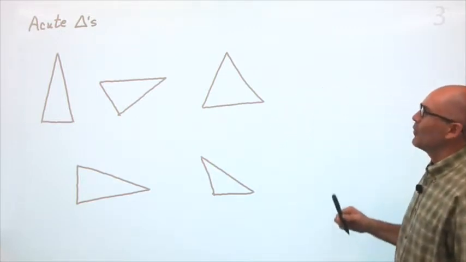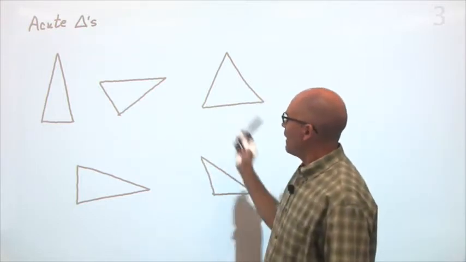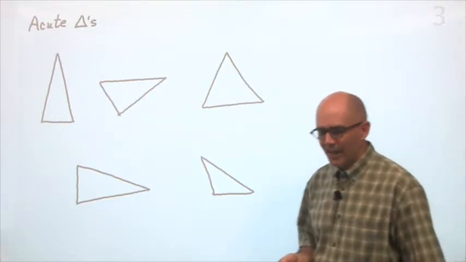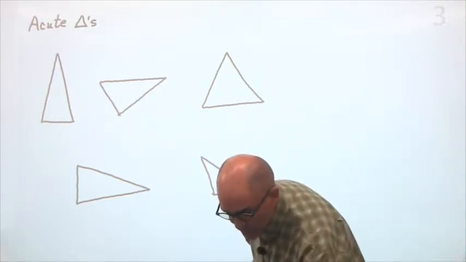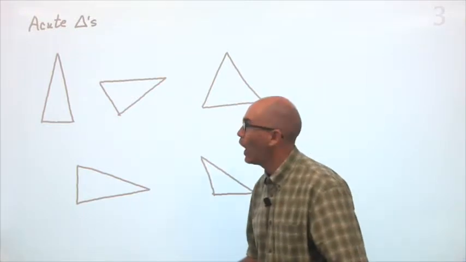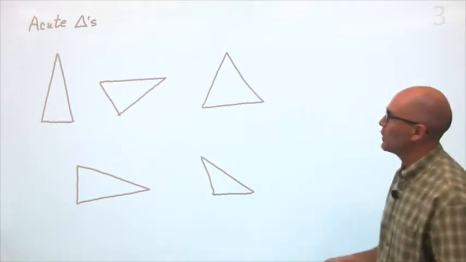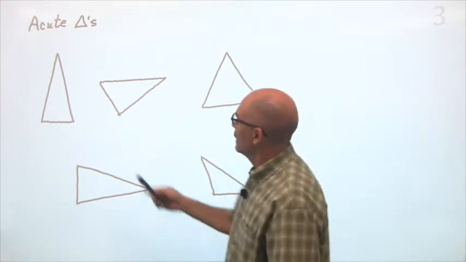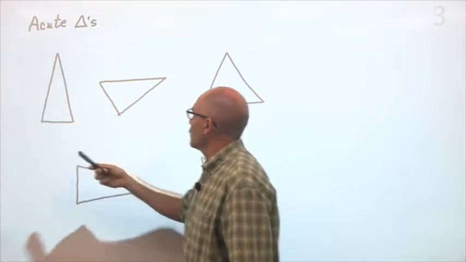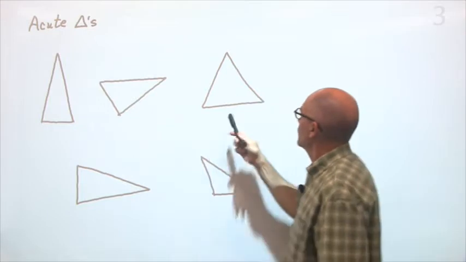Okay, so now notice I have 5 triangles here, and one of them is not acute. Okay, so which one is not? Well, notice all 3 angles are acute here, so this is an acute triangle. All 3 angles are acute here, that's acute.